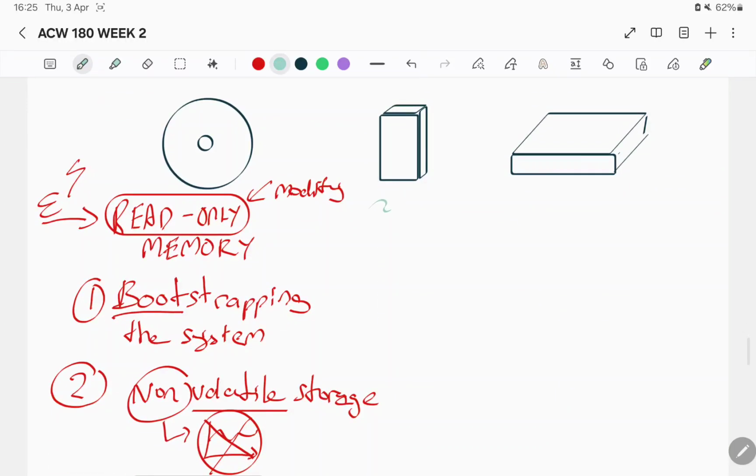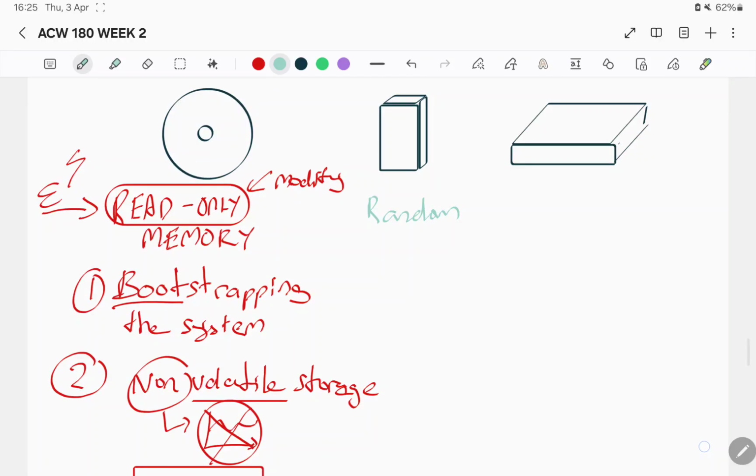Full name of this one is random access memory.